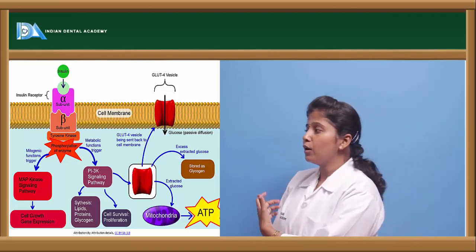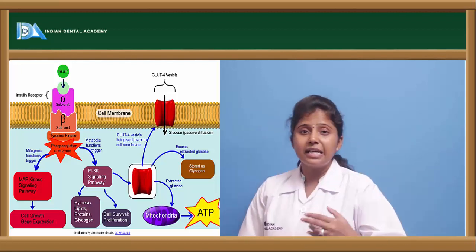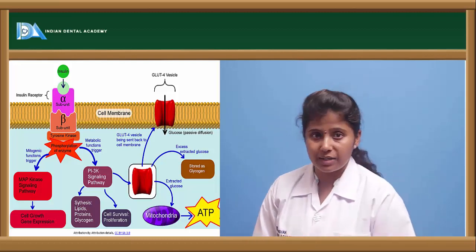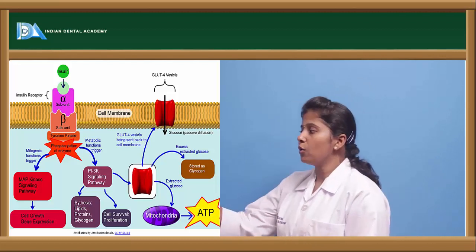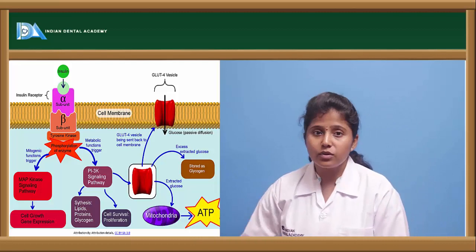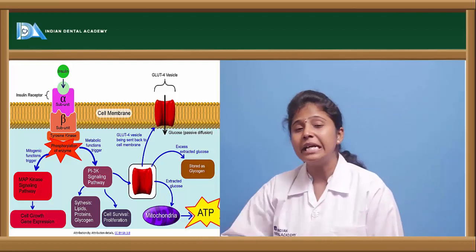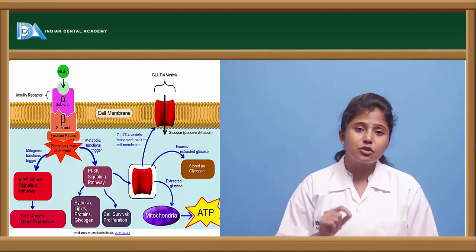So here we have GLUT4 transporters. These are the transporters which aid in the entry of glucose into the plasma membrane. Here the glucose is entering through passive diffusion. Passive diffusion is a mechanism by which the movement of molecules takes place into the cell without the utilization of energy.